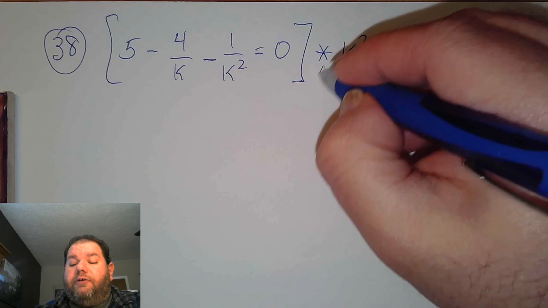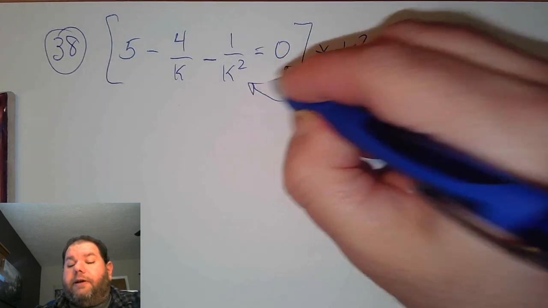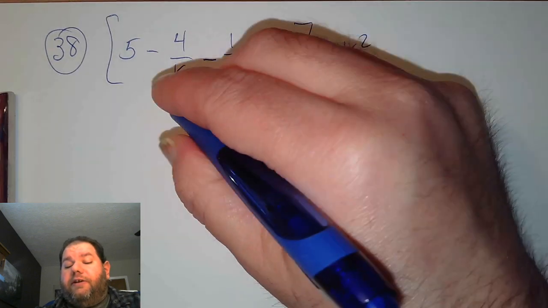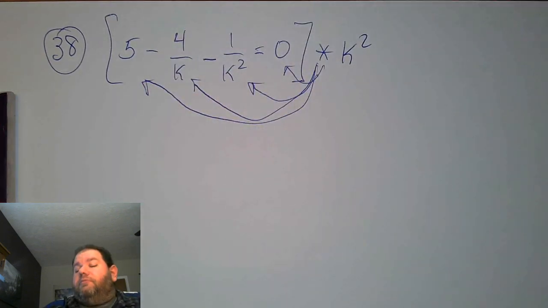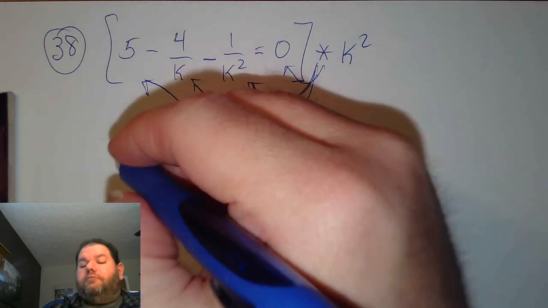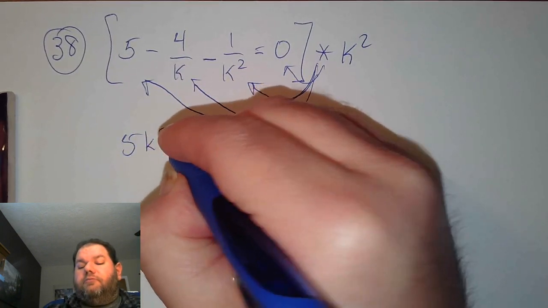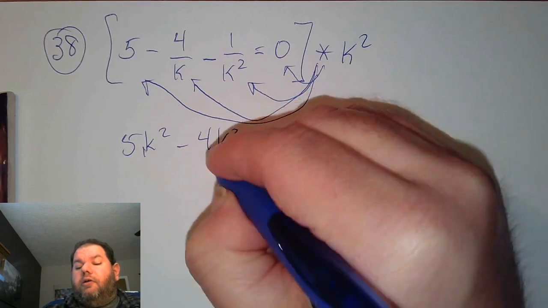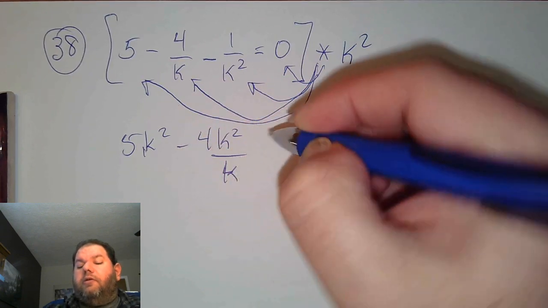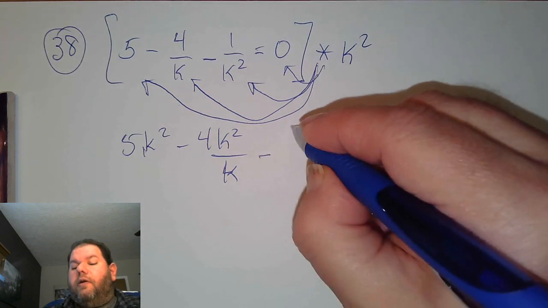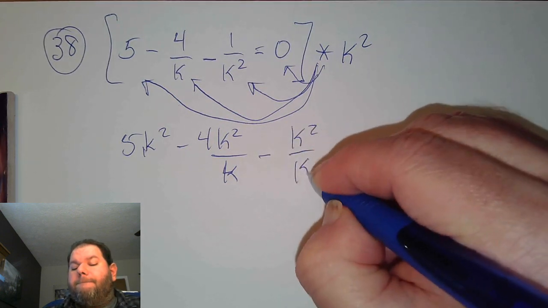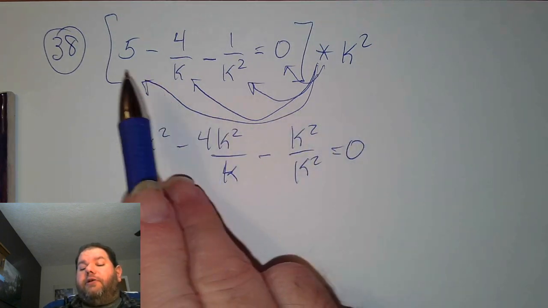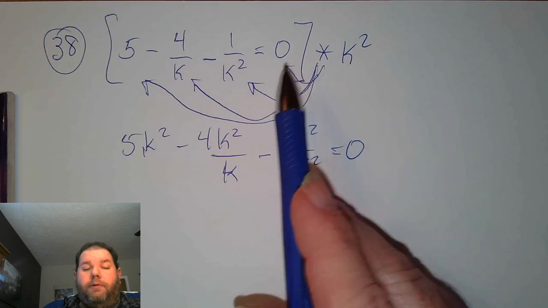And technically, we also multiply the 0 on the right by k squared. It just doesn't achieve anything. Anything times 0 is still 0. Okay. So we distributed k squared to all four parts.